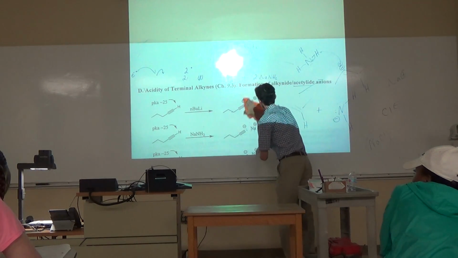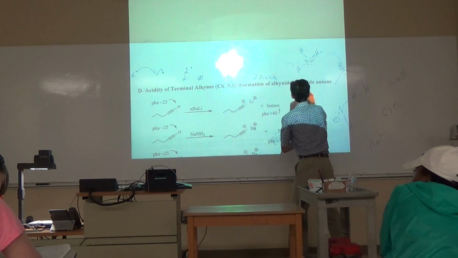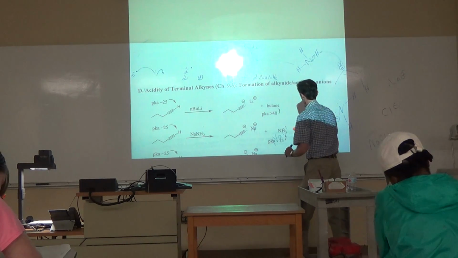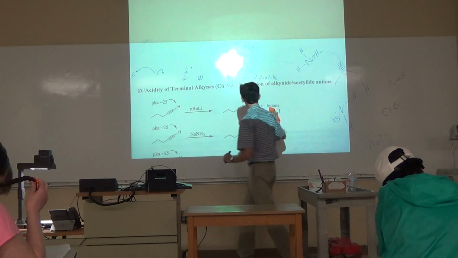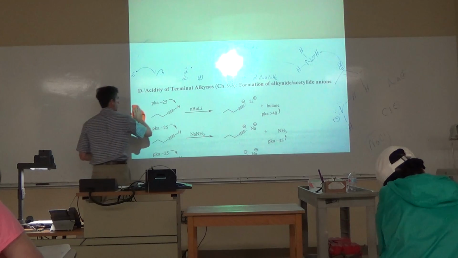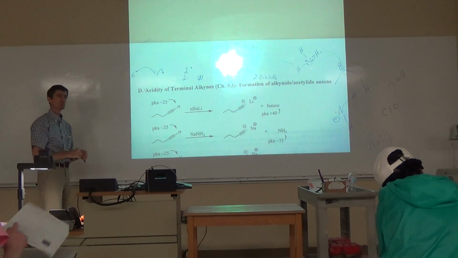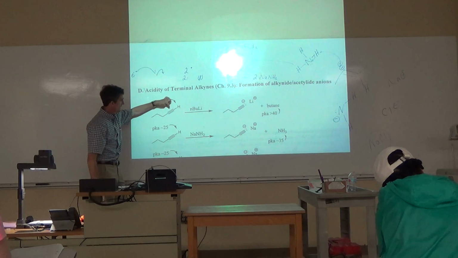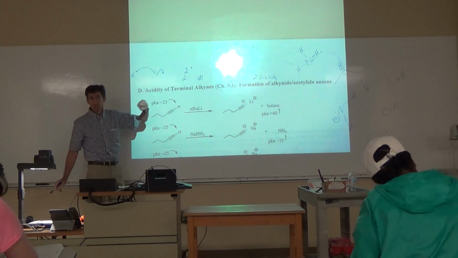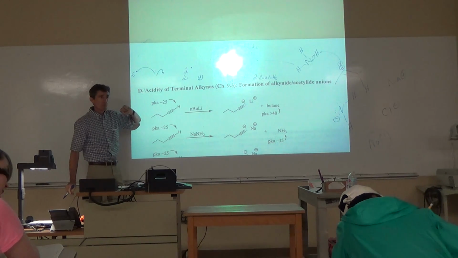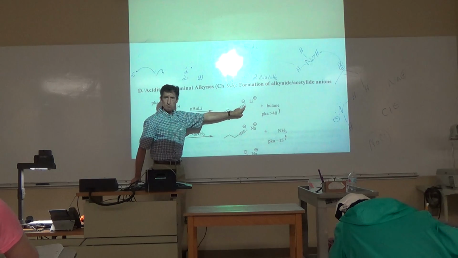Terminal alkynes have slight acidity. The CH. We actually mentioned this with the acid-base chemistry we saw. Usually CHs are not that acidic at all, because you don't really want to make a carbanion, a minus on a carbon.